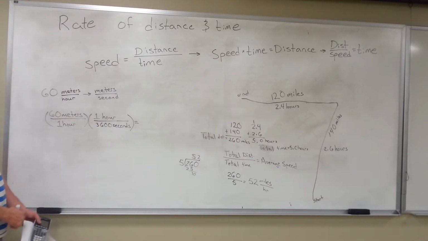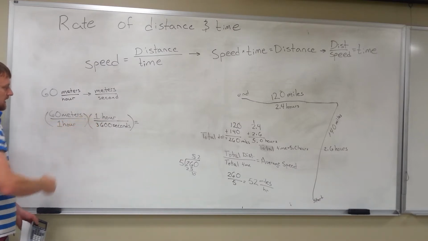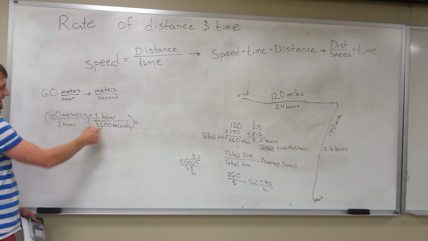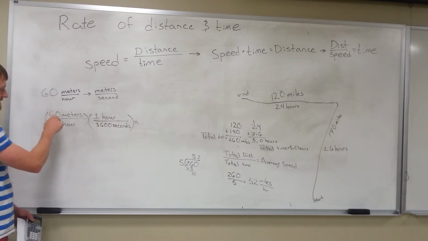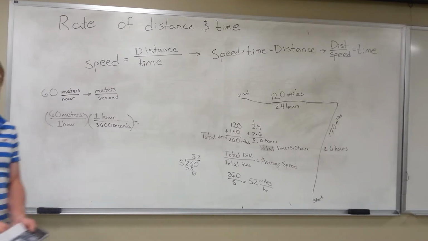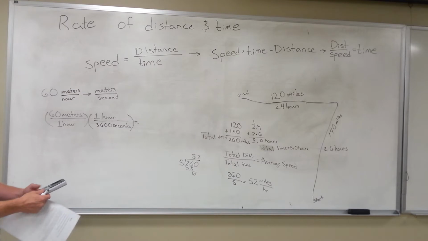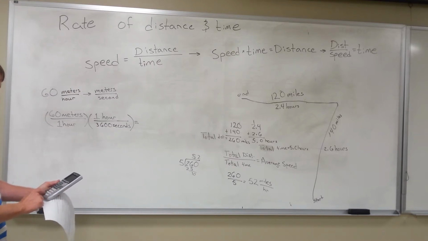So we're going to cancel hours here and be left with meters per second. We're going to be dividing 60 by 3,600. Do you think that number is going to increase or decrease? To me, that number is going to decrease. So let's look at it mathematically and put it into our calculator.